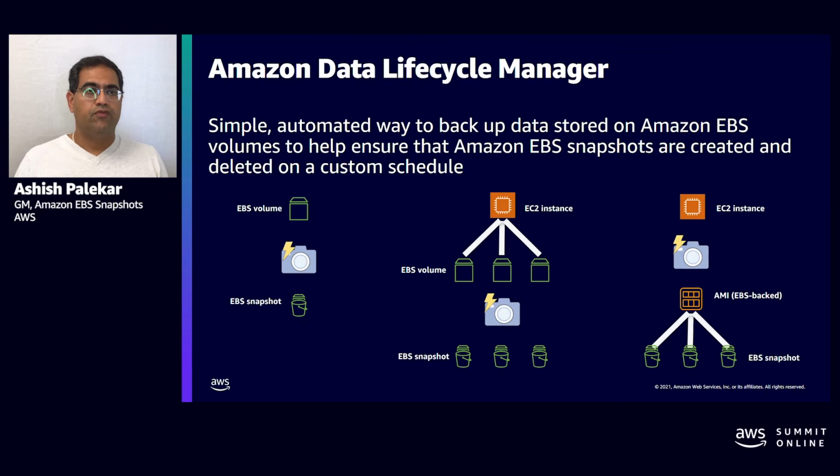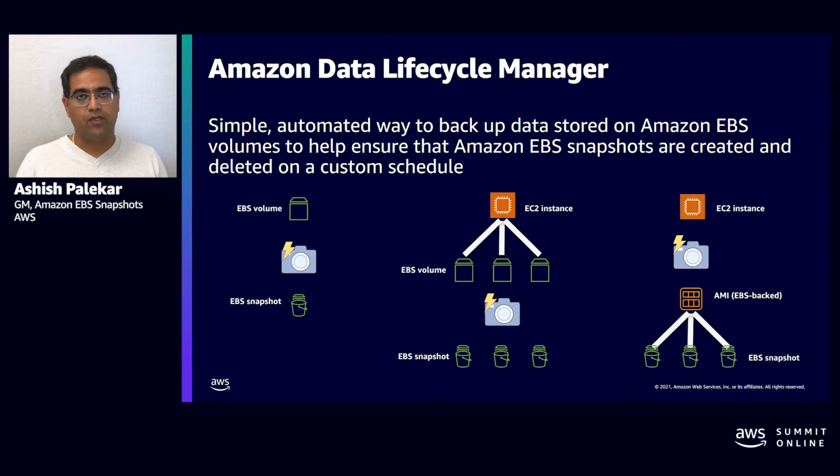And so from a Data Lifecycle Manager standpoint, you can execute these policies really at three levels. One is you can snapshot a volume. So you can take a volume, create a policy that is based on tags, and determine how to take snapshots of that volume. Next, you can operate at the level of an EC2 instance, which means you can take snapshots of all the EBS volumes that are attached to the EC2 instance.